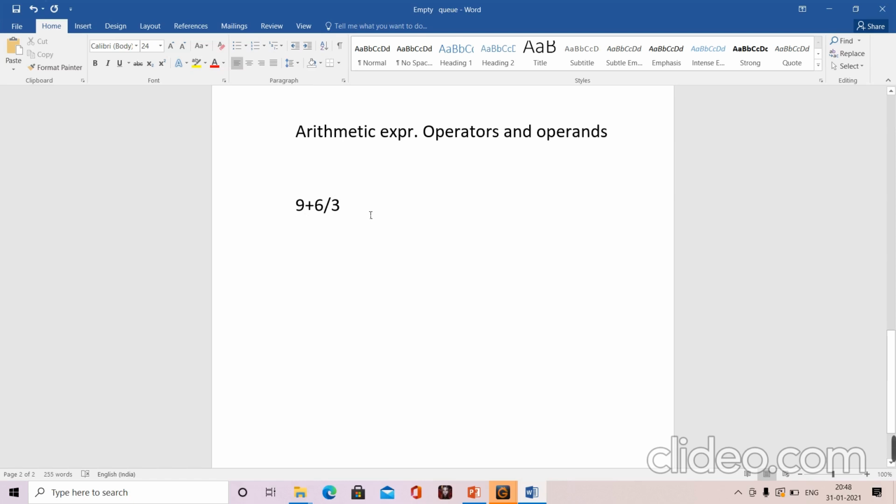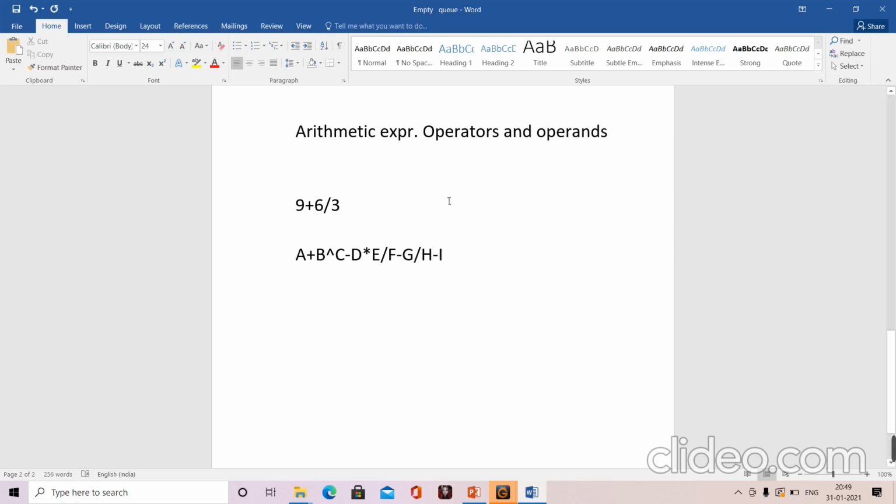Let's see how we can evaluate any arithmetic expression using the precedence rule. If I take an example like this: a plus b to the power c minus d multiplied by e divided by f minus g, h minus i.